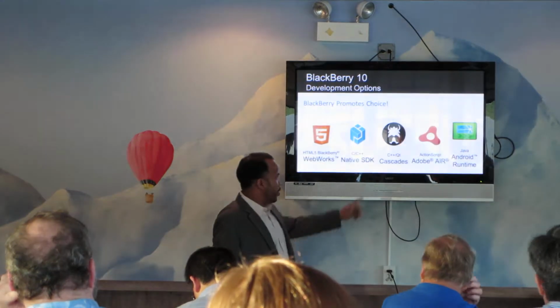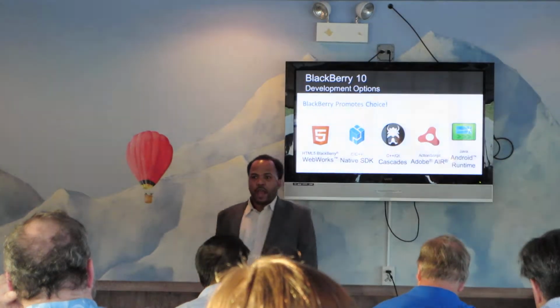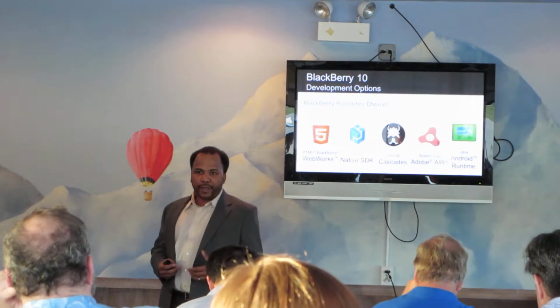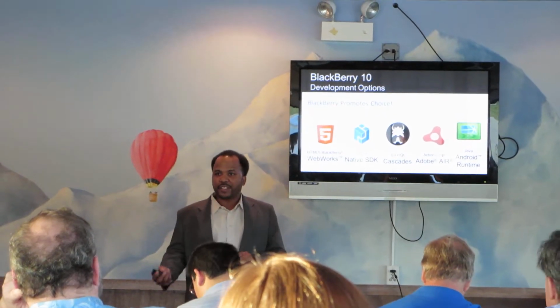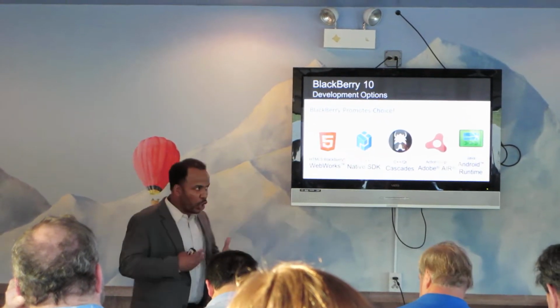With that in mind, C++, Qt, and Cascades, that's an approach that allows you to build applications for BlackBerry 10, still using C++ for, say, the business logic and the things that do all the things that you don't see.